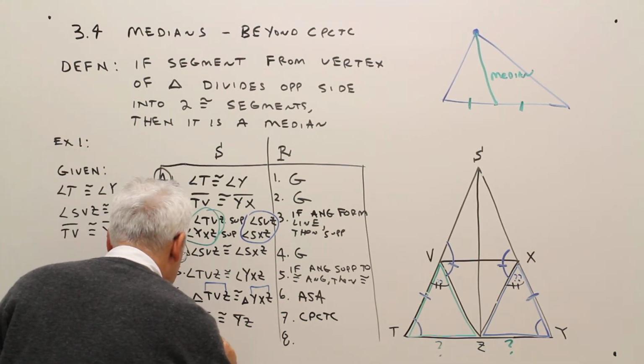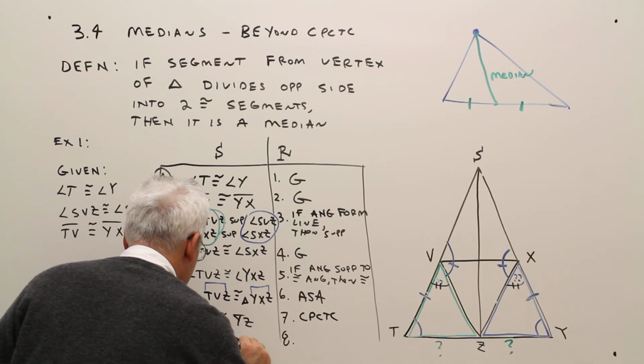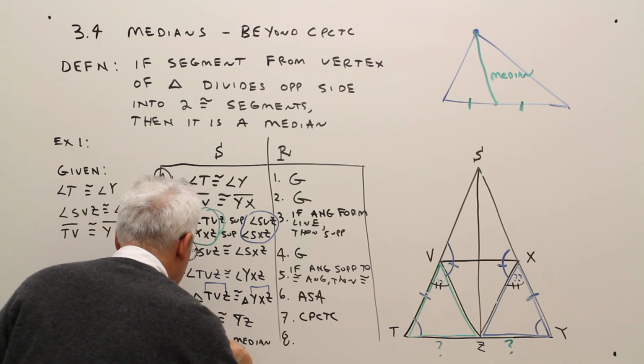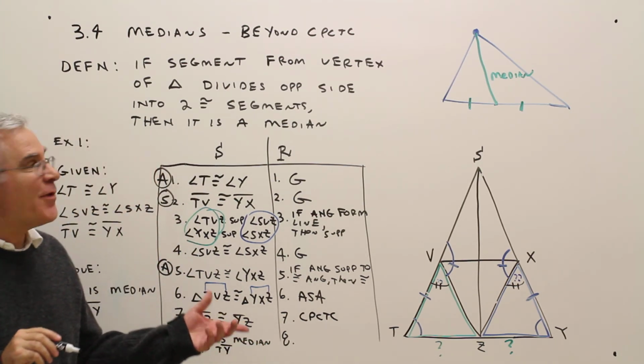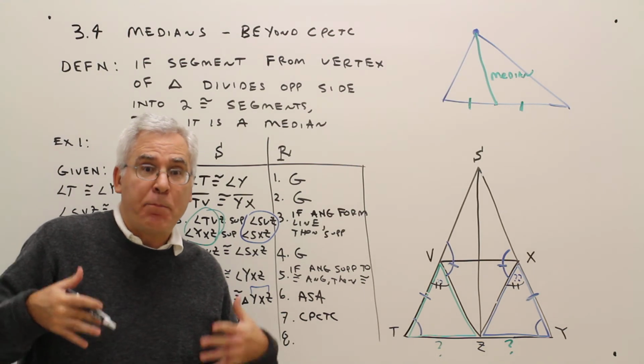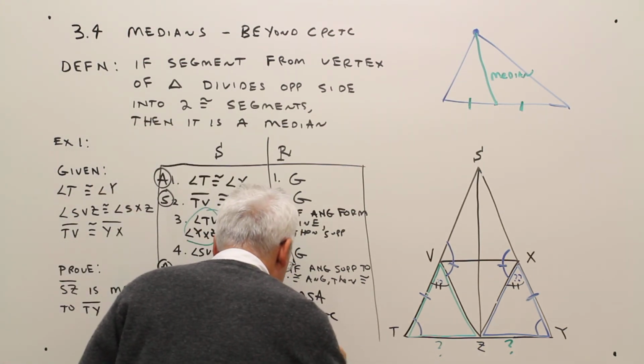So SZ is median to TY. And now instead of writing out all of that, I will allow a picture. So if you want, you can say the following.